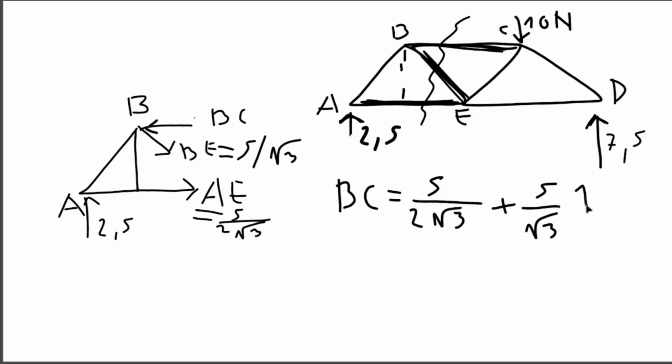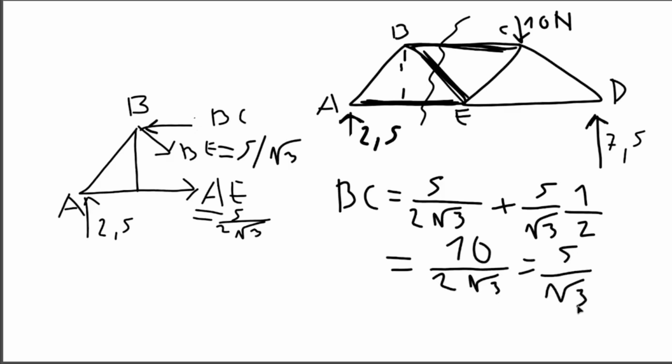So times 1/2. And that is in total 5 over 2 square roots of 3 plus 5, so it's actually 10 over 2 square roots of 3, which is 5 over square root of 3. So BC is the same as B actually.